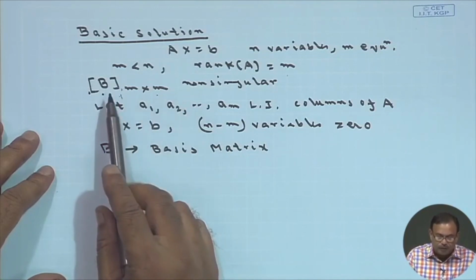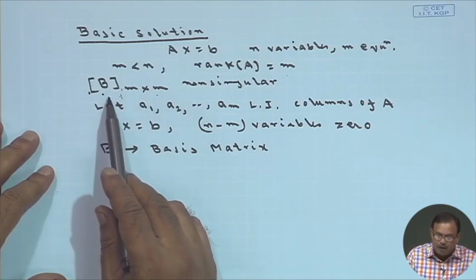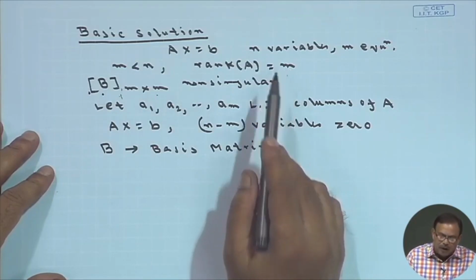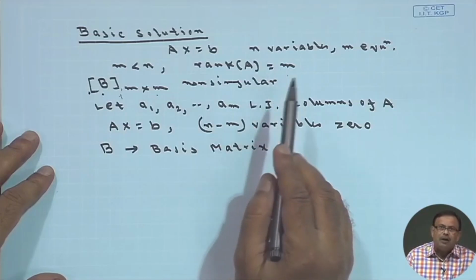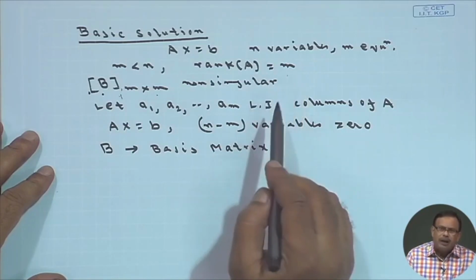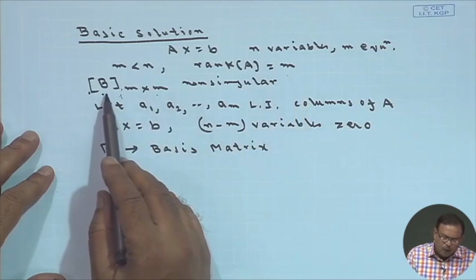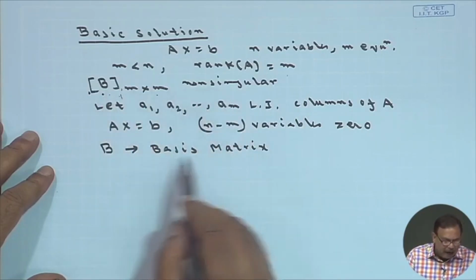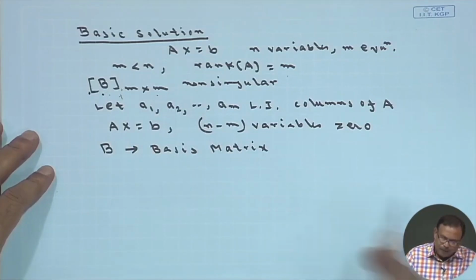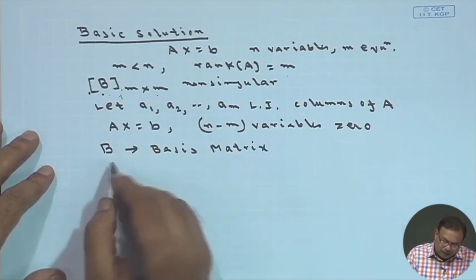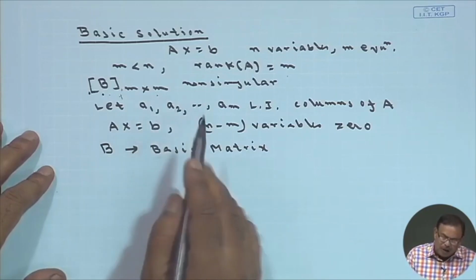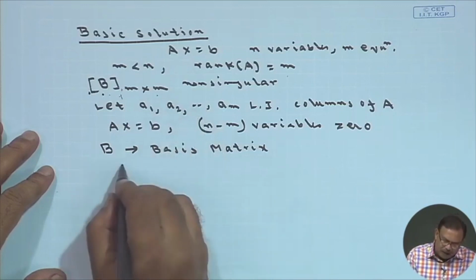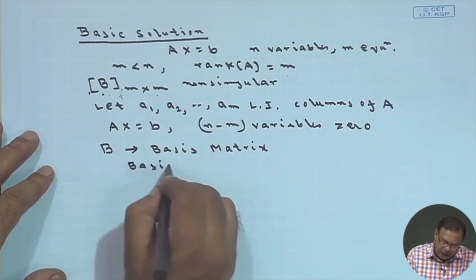Please note this one. Matrix B, how are we forming it? Since the rank of the matrix A is m, I must get m linearly independent column vectors, and using those I am forming one matrix B, which will be automatically non-singular, and this is known as the basic matrix. The corresponding decision variables are known as basic variables.